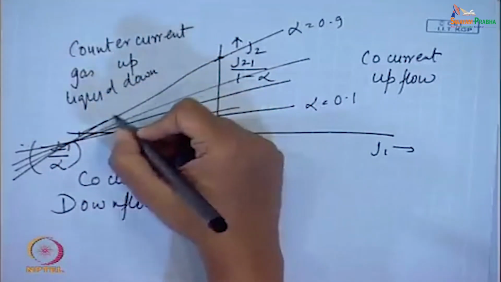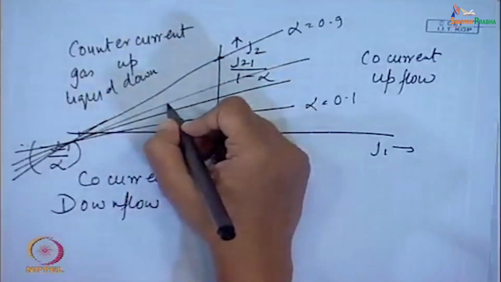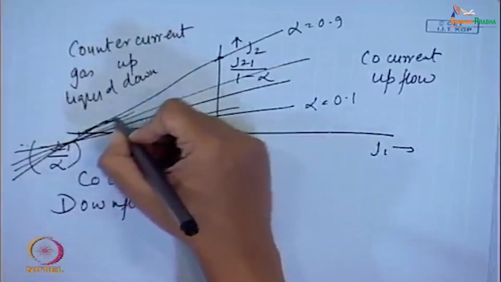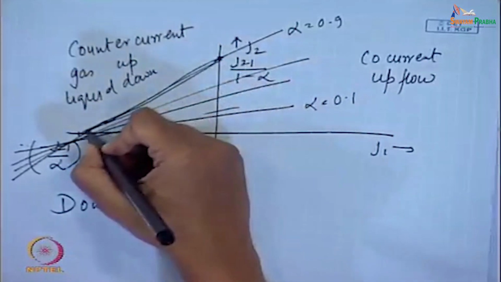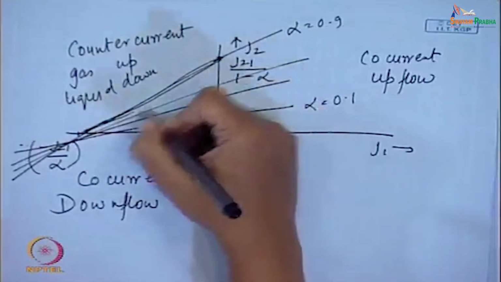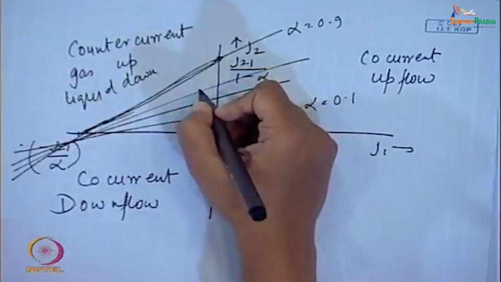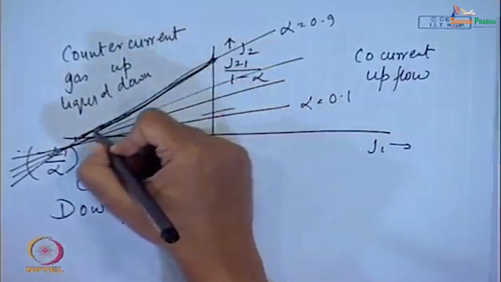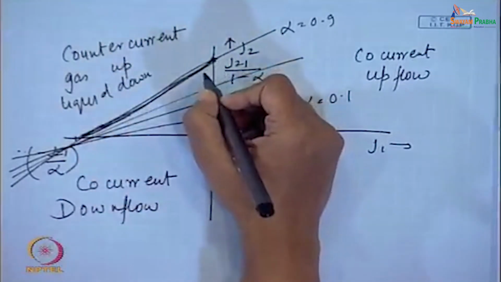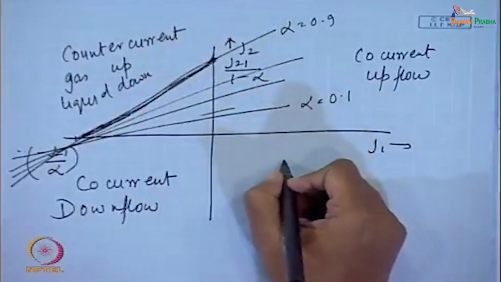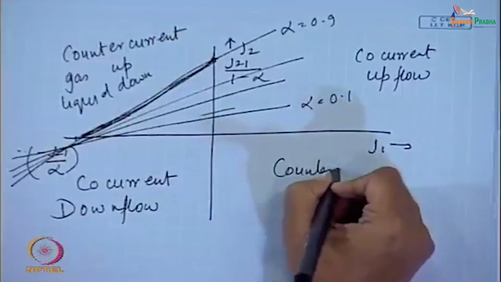Since I have not drawn it very well, but if you draw it, you will find some sort of a limiting region where solution is possible, beyond that solution is not possible. And this will be a curve limited by the flooding line.